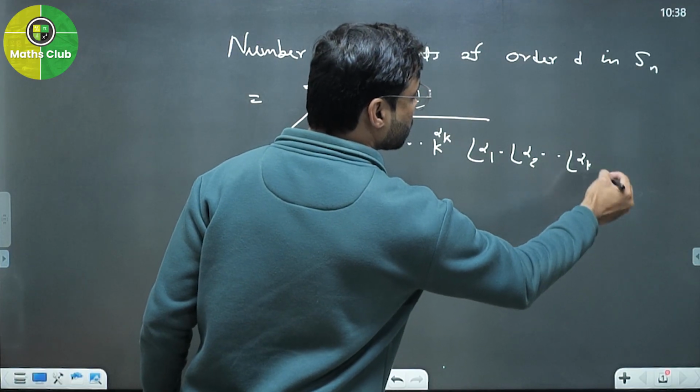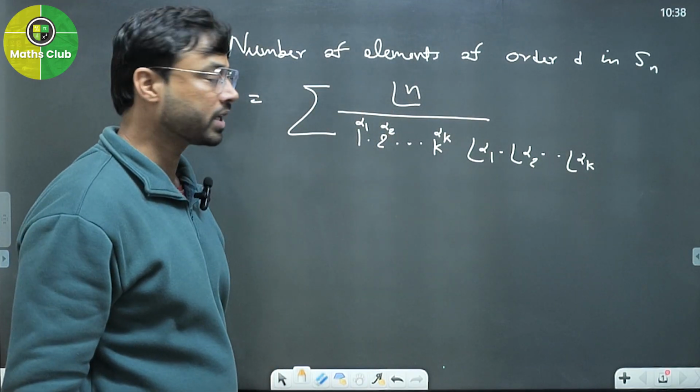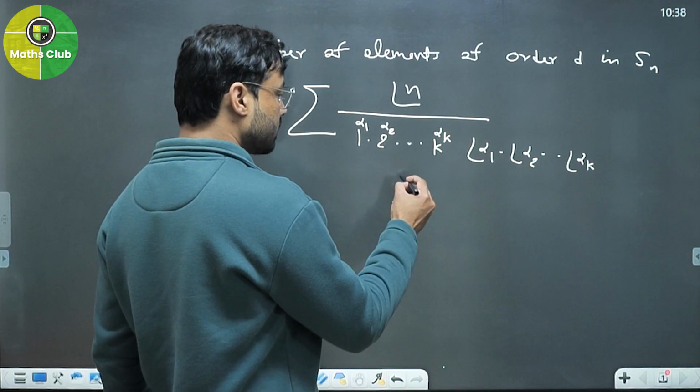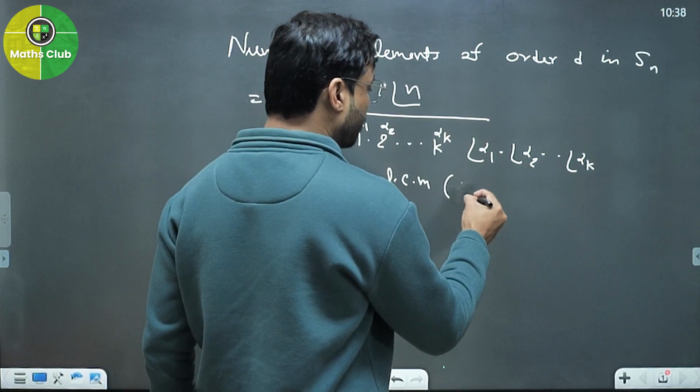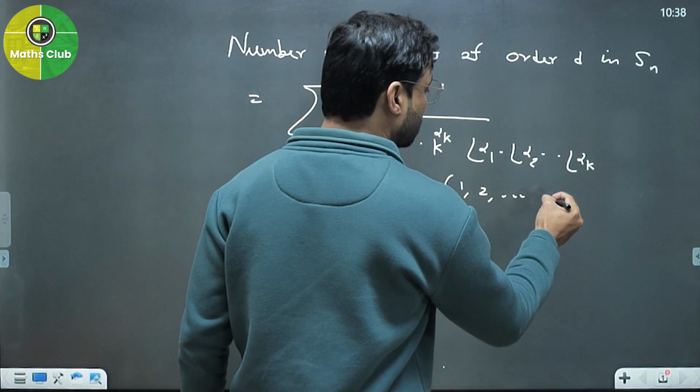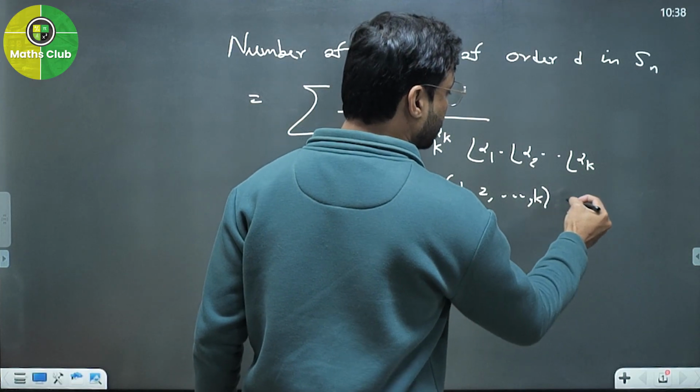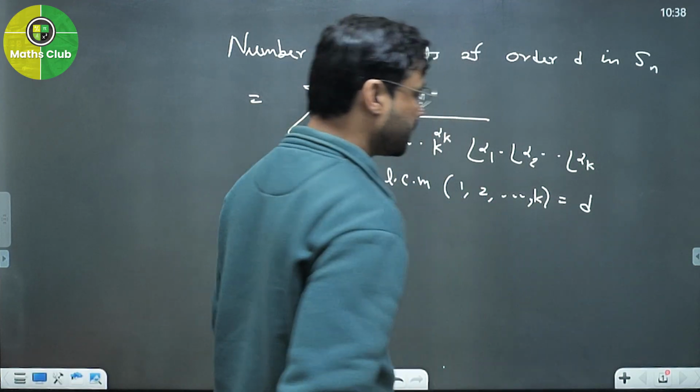Okay, so this is the formula. And what are 1, 2 and k? Here the LCM of 1, 2, k equals d.